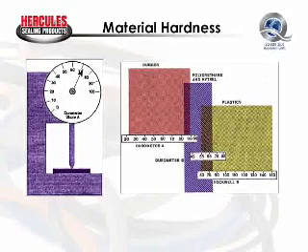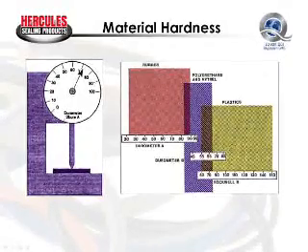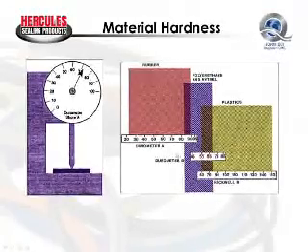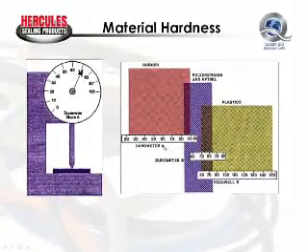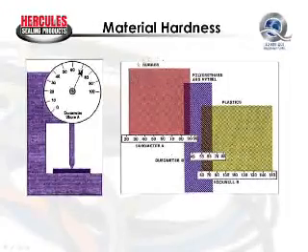Now, the major point that I want to make here is that there are different scales. There's the A scale, there's the D scale for harder compounds, and then there's an R scale. So when we talk about a 70 durometer O-ring, the A scale is normally used for rubber-type material.